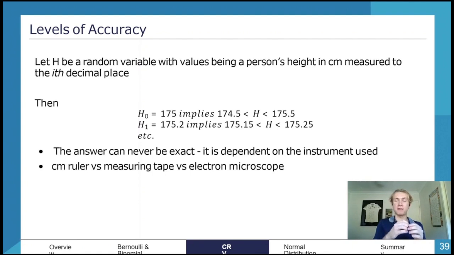It depends on the instrument used and its level of accuracy. You get more accuracy with an electron microscope versus a measuring tape, or a measuring tape with millimeters versus a centimeter ruler.